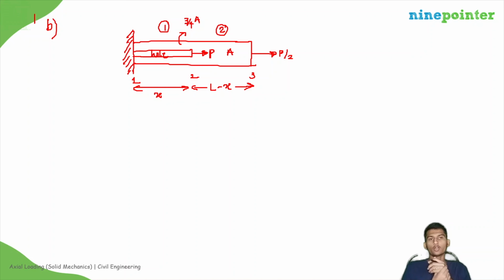We need to find out internal forces in segment 1 and segment 2. There is a reactive force in this direction that is given by 3P by 2, R dash. This is the reactive force. If a member is in equilibrium, then every part of the member will be in equilibrium. So to find out internal forces in segment 1, we need to cut the element in segment 1. Then you can take this part.